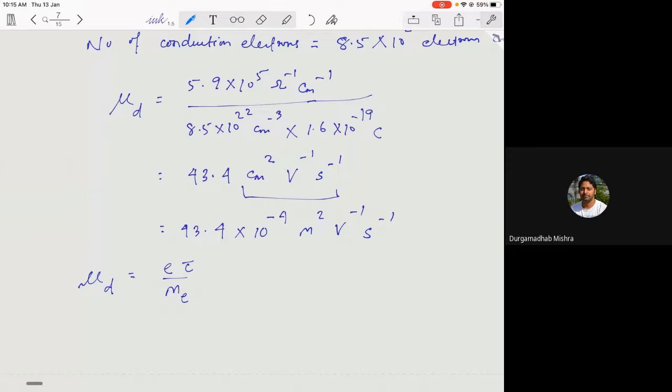This comes from the relation v_D is mu_D E, and when we did the relation, it is e tau by m_e into E. So from this relation we got this definition of drift mobility.